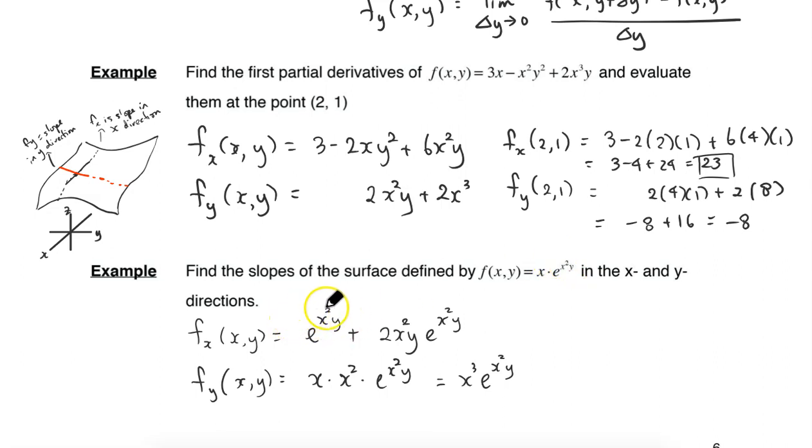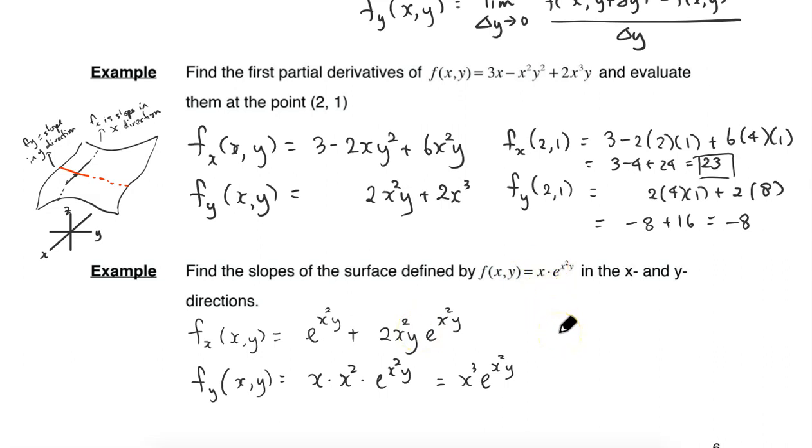So 1 times v plus u, which is x, times v prime. So the derivative of e to the x squared y is going to be e to the x squared y times 2xy. And this is why you have this 2x squared y, because 1 came from earlier.